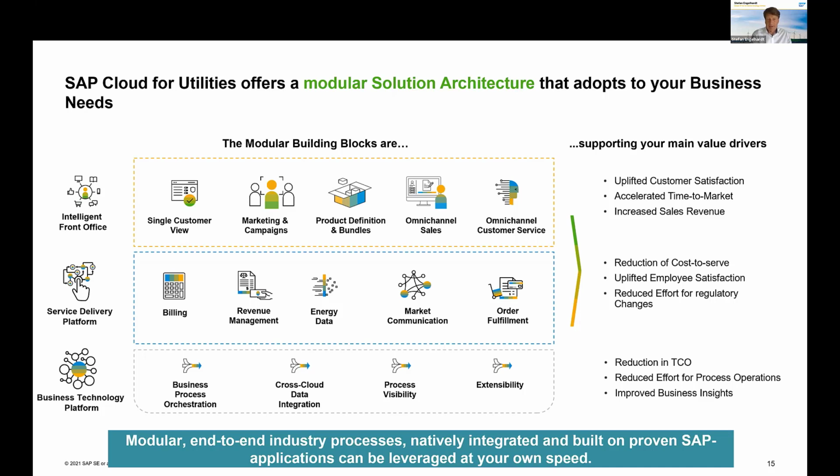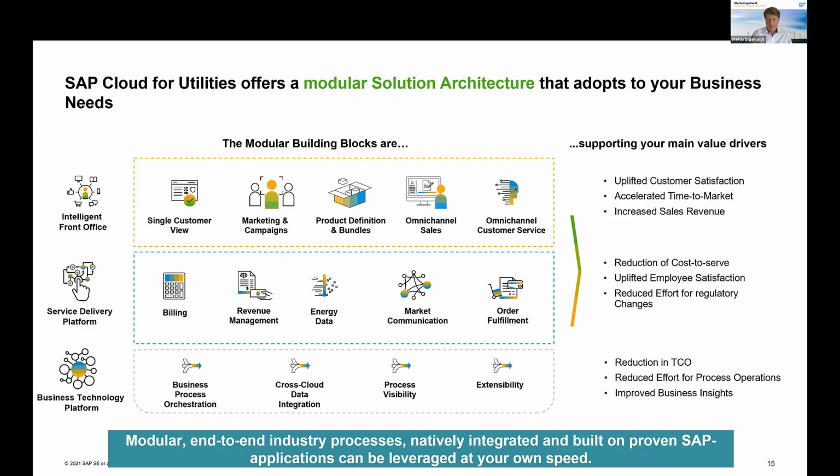The basic idea is that we have a business technology platform that provides the technical infrastructure with all the tools required to build modern cloud solutions on top, to connect existing solutions with each other, and to extend the scope from an operational perspective. Because when you have a modular architecture, you need an instance that orchestrates the end-to-end process across the different components.